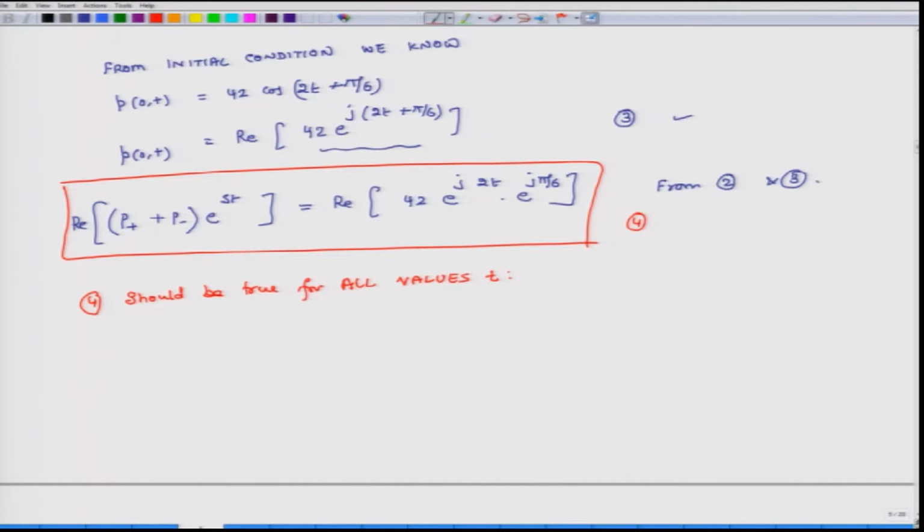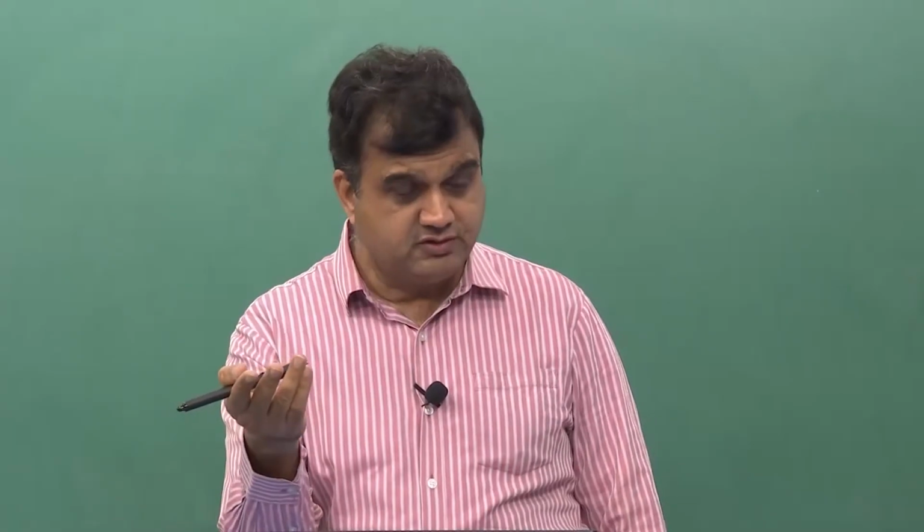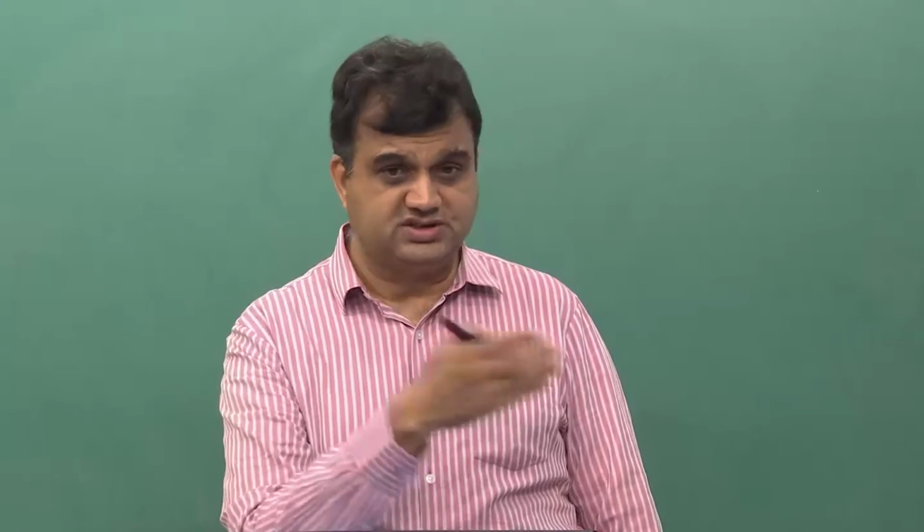It is not that it should be true only at t equal to 0 or some specific time, it has to be true at all times. Because our transmission line equation comes from the pressure wave equation, which is valid for all values of x and all values of time.